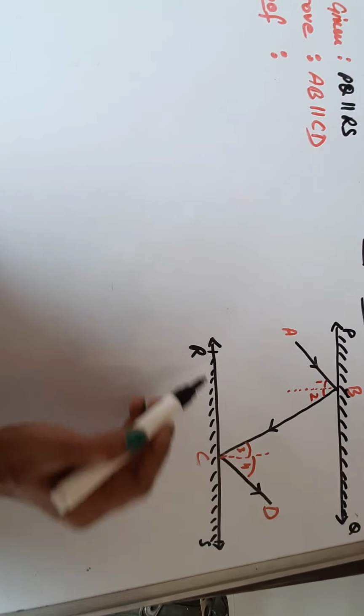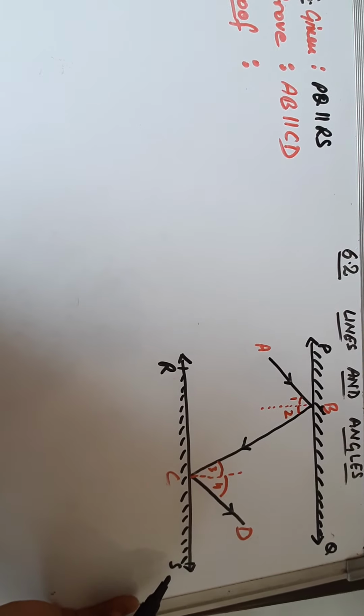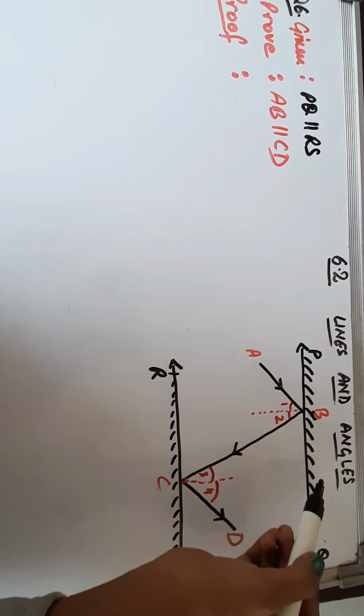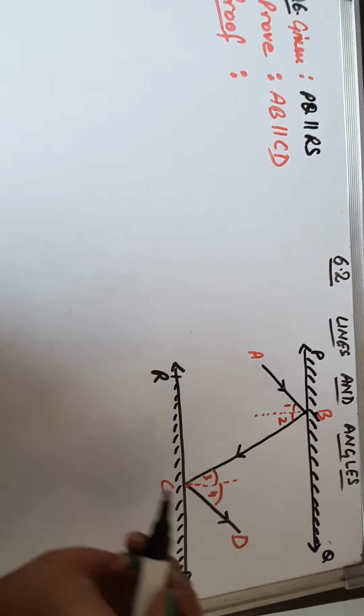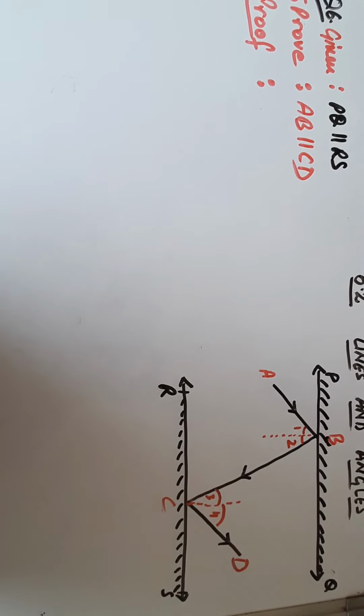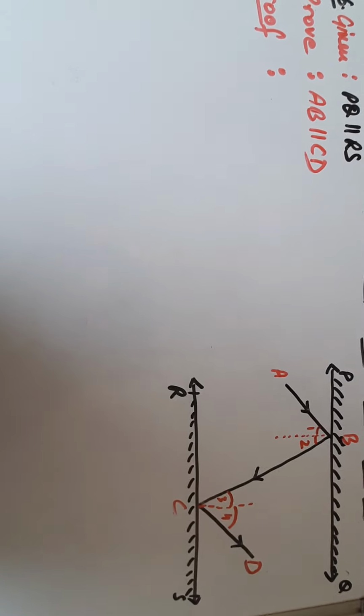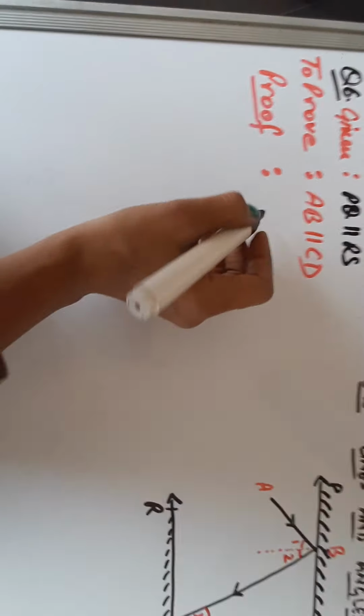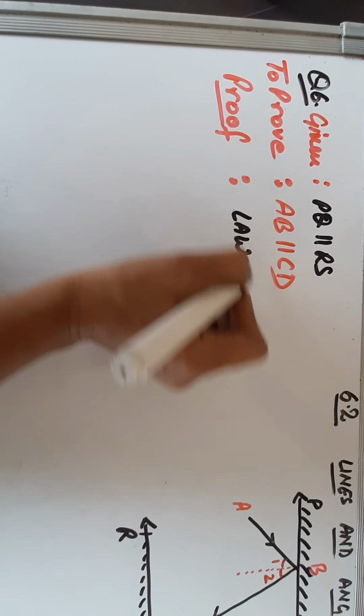So PQ, RS are the two mirrors given to us in the question. This design shows that these are the mirrors. Dear students, if these are the mirrors, then we can use the property of a mirror, that is the law of reflection. What is the law of reflection? Let us recall that.